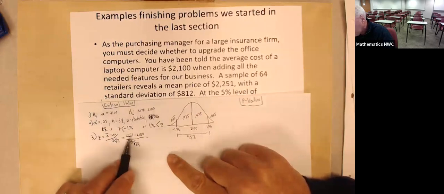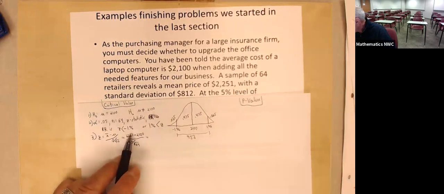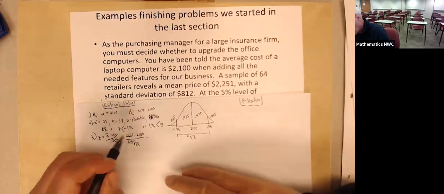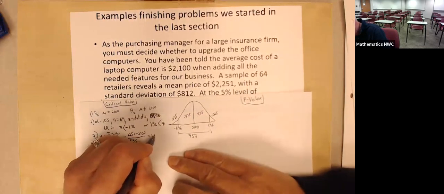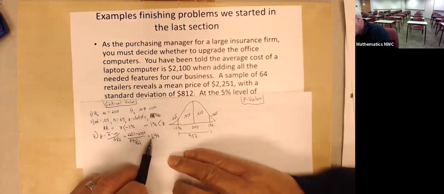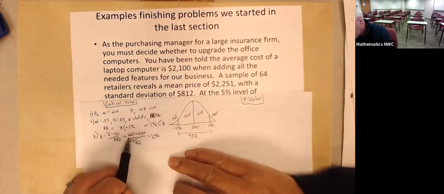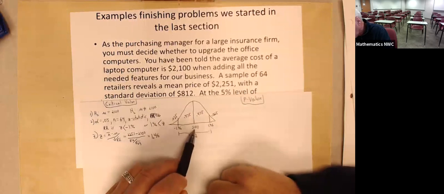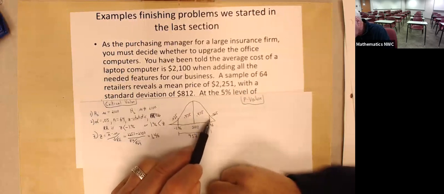When you calculate that out, it turns out to be 1.49. First of all, it's a positive because the 2251 was more than 2100. It was over here someplace.